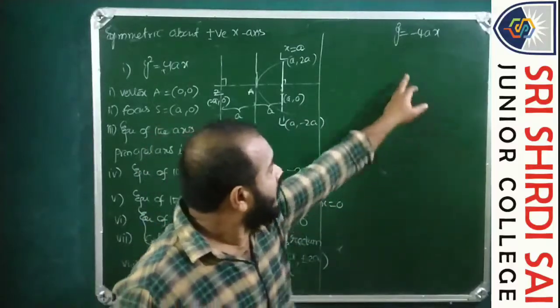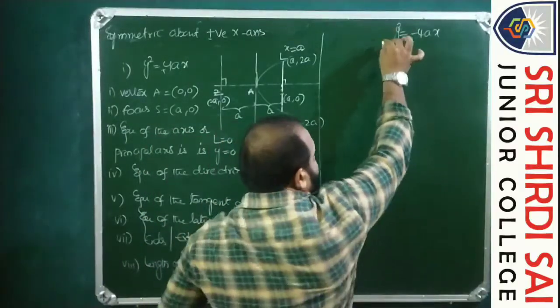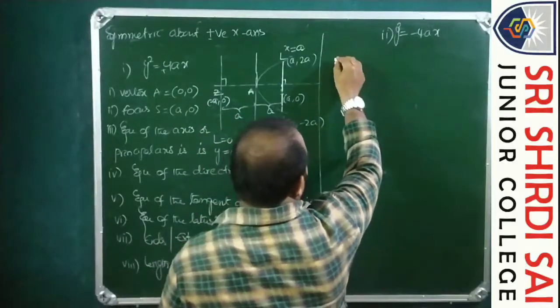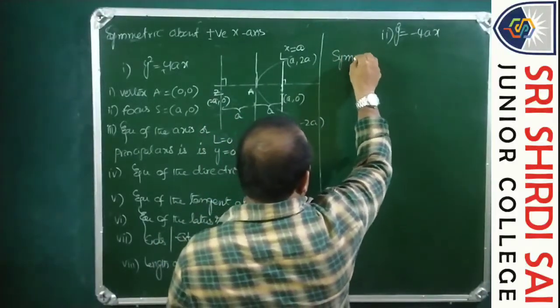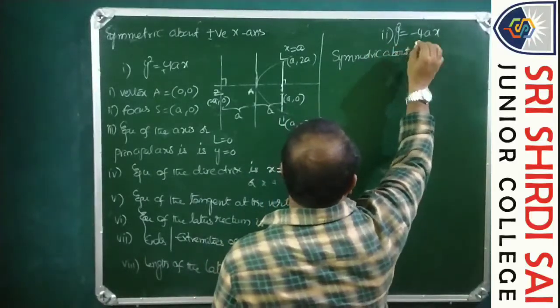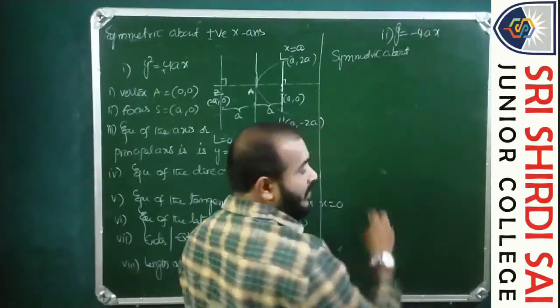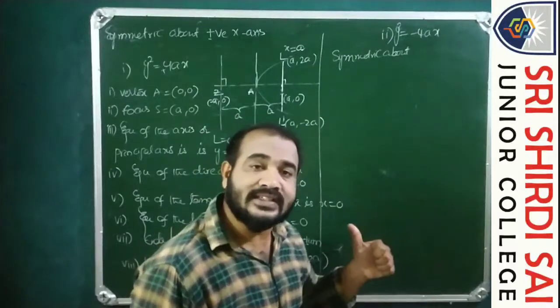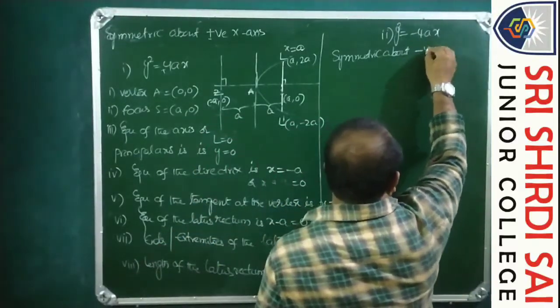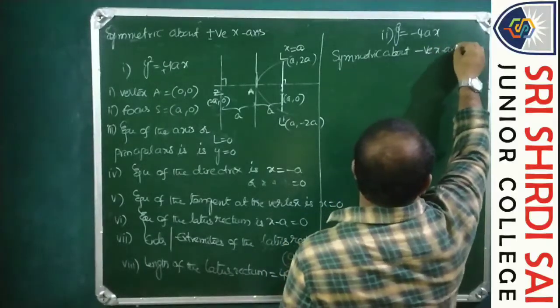Here y has an even power, so this parabola is symmetric about the x-axis. Which x-axis? The negative x-axis.